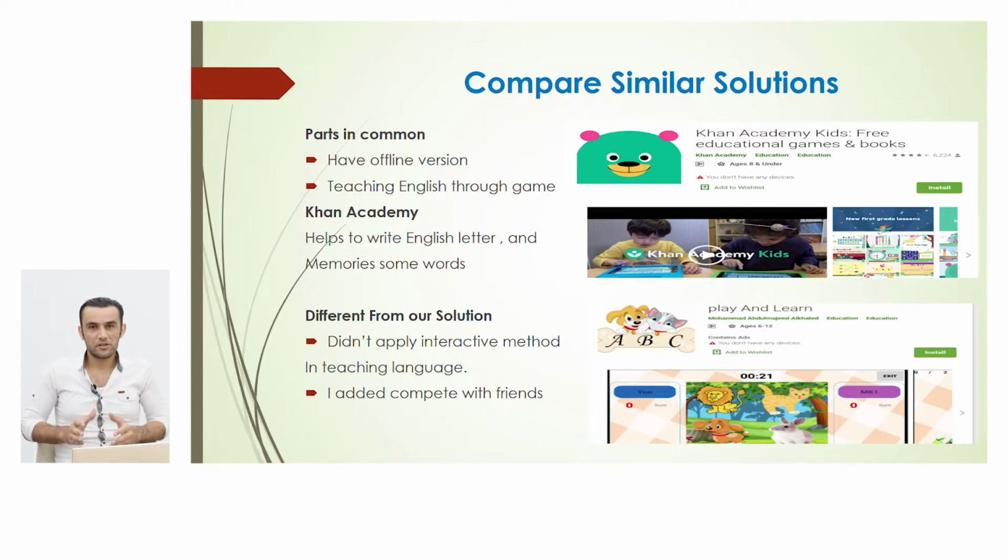Both this application and my solution have offline version and teach English through games. But what I want to add in my solution is more interaction with other students, not study alone. Also use interactive ways in teaching English.